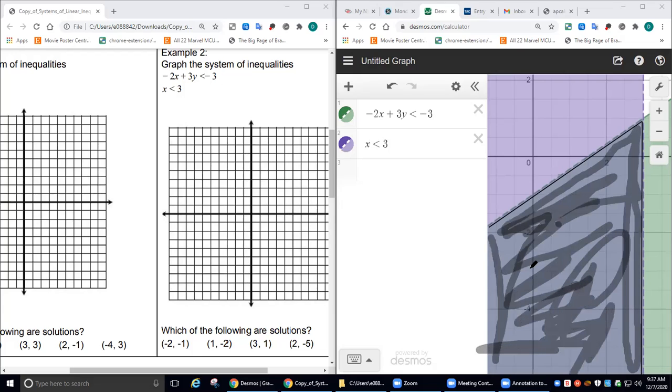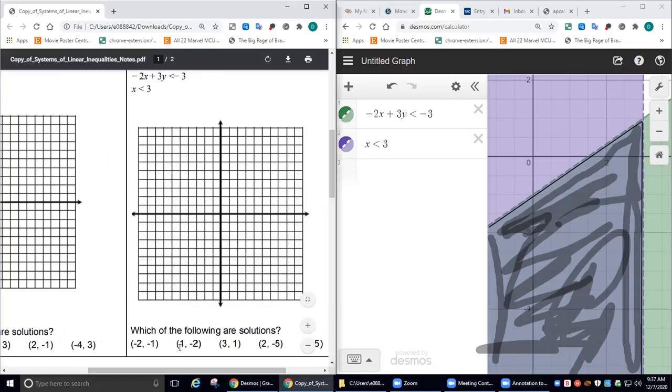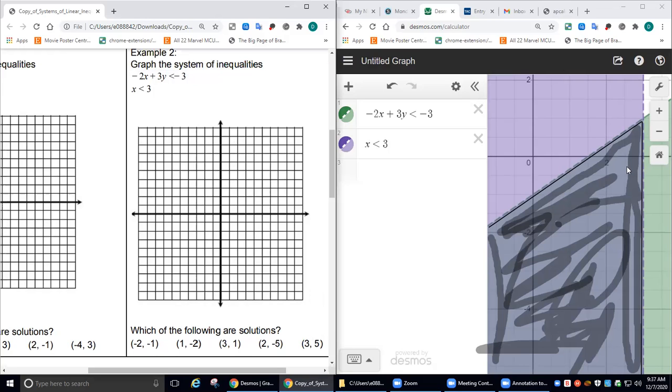Okay, pretty much there. So let's take a look at our points. (-2, -1). So -1, -2, -1. This should be an easy one.